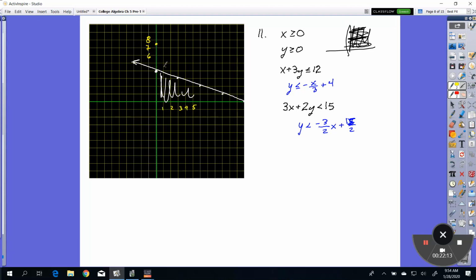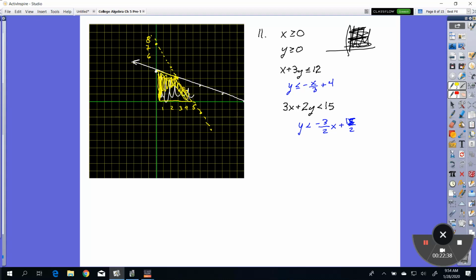Down 3 over 2, repeated a few times. So dotted. Shaded below. So the only place where these are intersecting is this area right here.